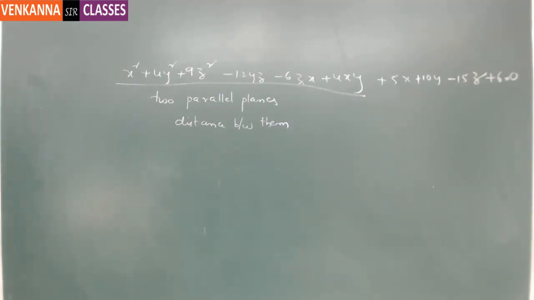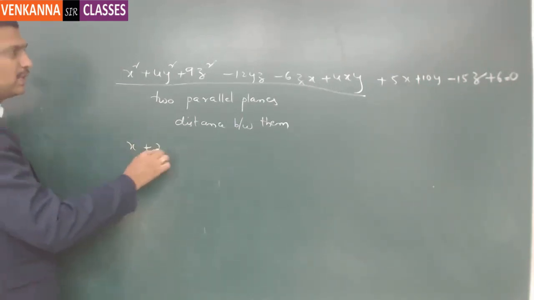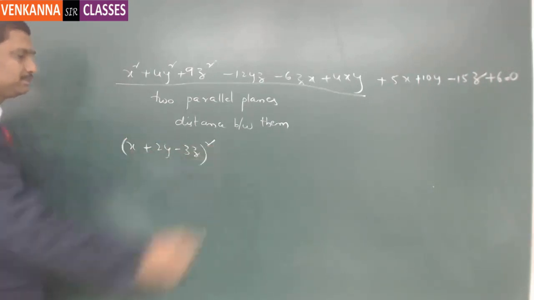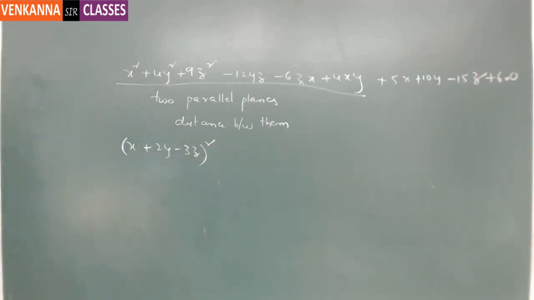So my interest is, can I write it as x plus 2y minus 3z whole square? So that expansion will come, because when z is present you are having a negative symbol, and when z is not there, you are having a plus symbol in that homogeneous part. So that is the expansion for the homogeneous part.